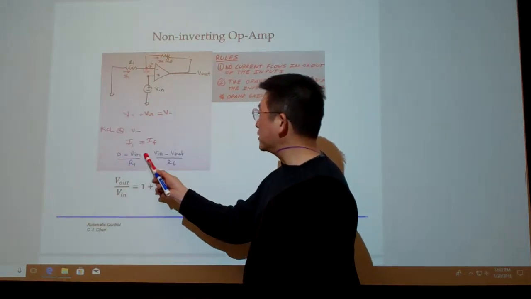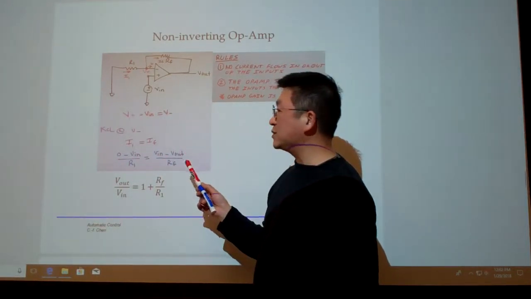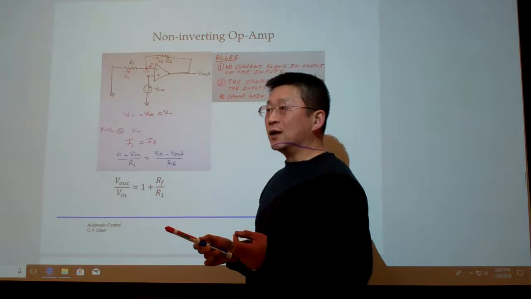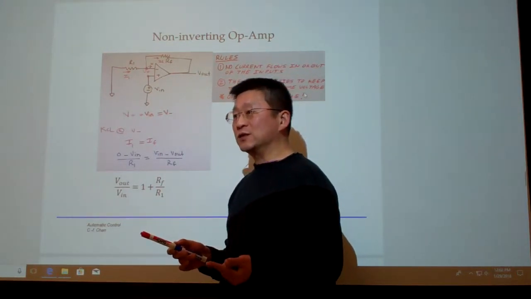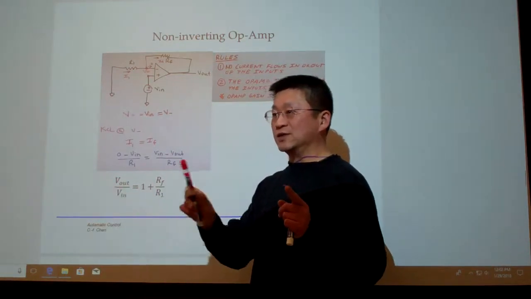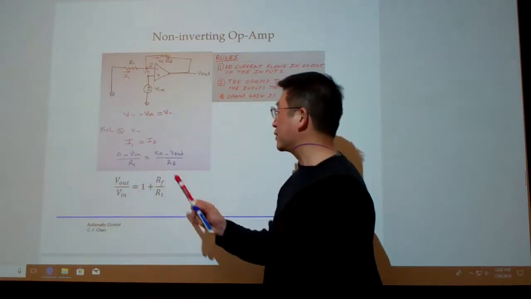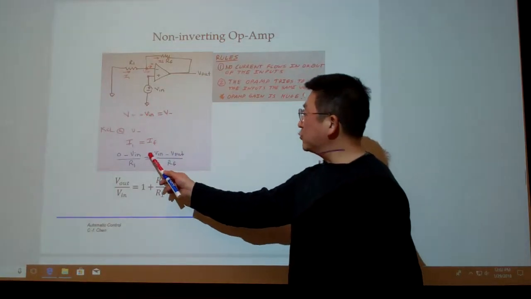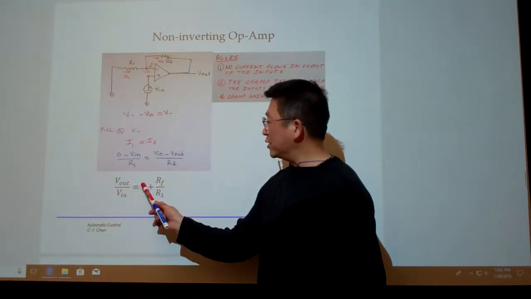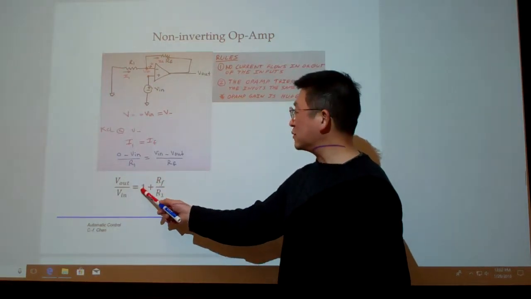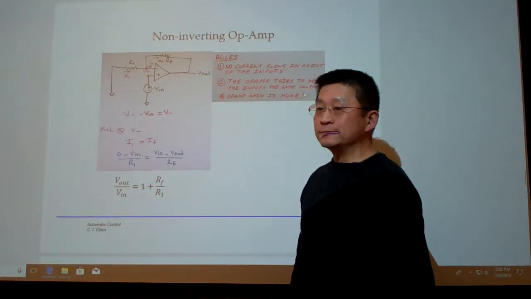For the third one, we simply apply the basic function Ri equals E: resistance multiplied with current equals the voltage across that resistor. So with those things we arrange, we found the V out versus input equal to this one. This is the transfer function of this op-amp.